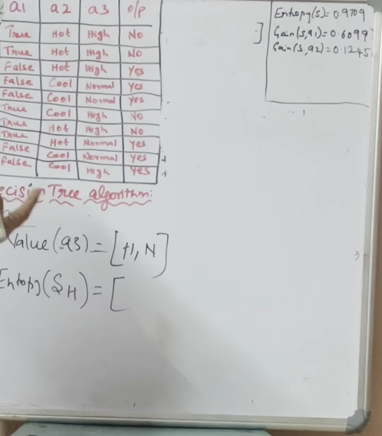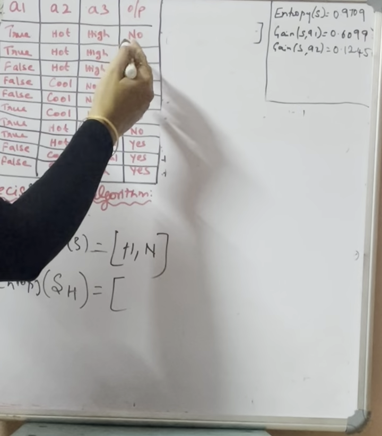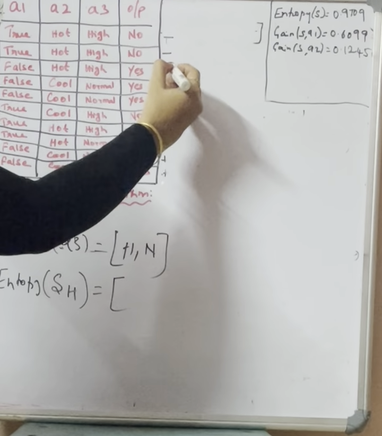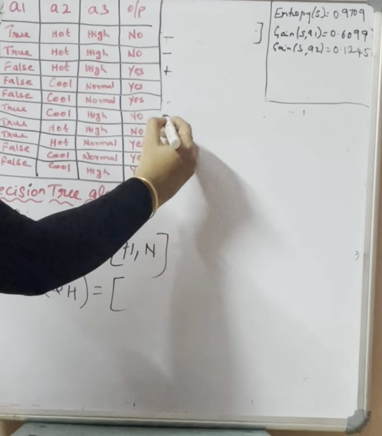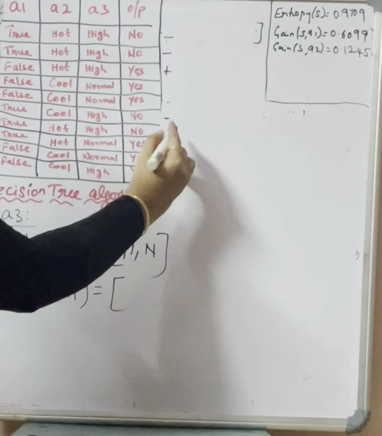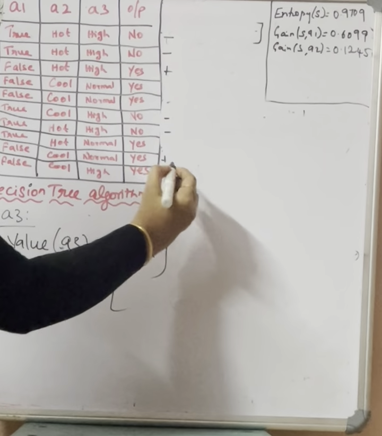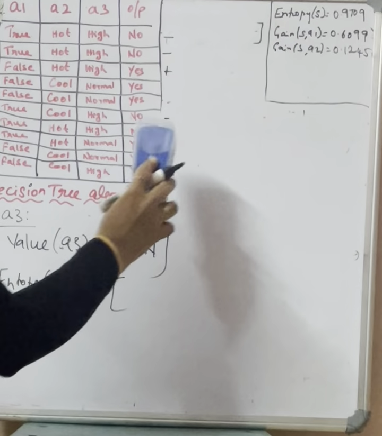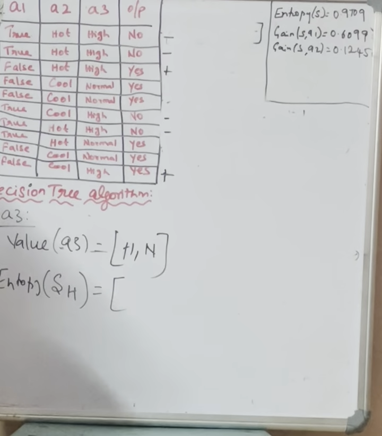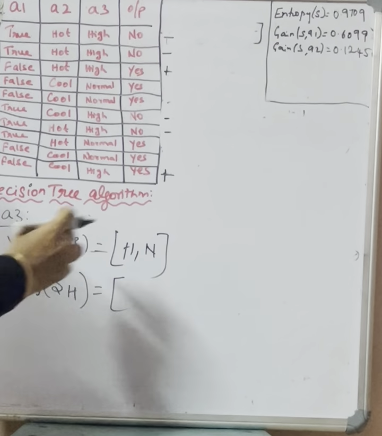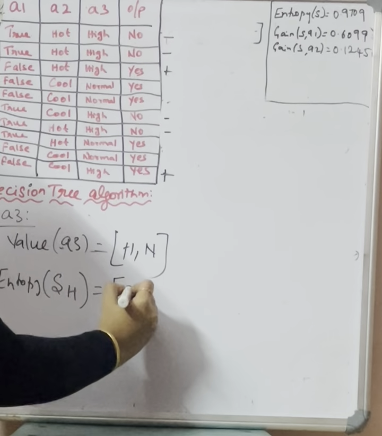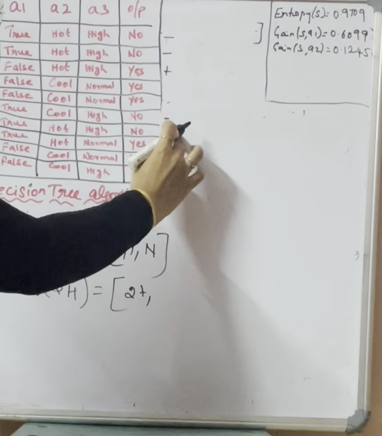After that we have to find how many are positively contributing and negatively contributing. Here it is negative, negative, and this is positive. And for this high it is negative, and for this high it is negative, and for high it is positive. So how many positive values we have? 1, 2. So 2 positive and negative 1, 2, 3, 4.